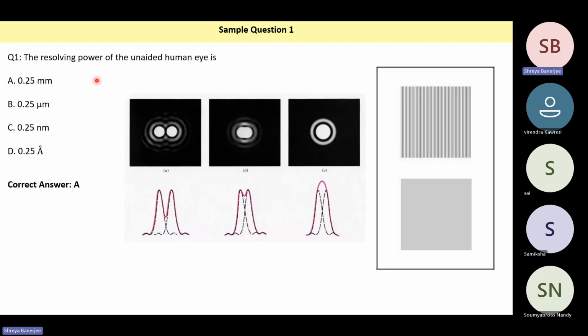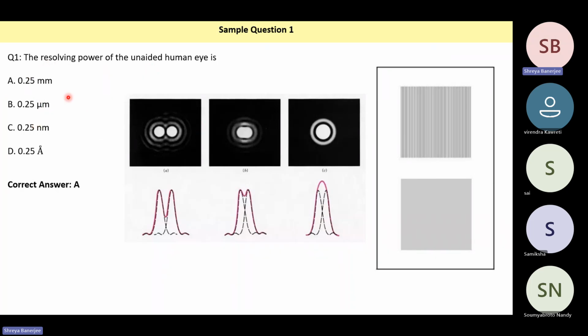Resolving power is basically whether you can differentiate between two objects. So if the two objects are clearly visible, they are well resolved. And if they are merging like this, or they appear as a single peak, they are not resolved. So the human eye can only resolve up to 0.25 millimeter. Beyond that, you will either need the light microscope or so on.